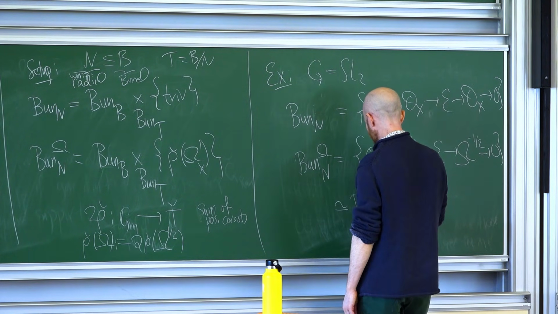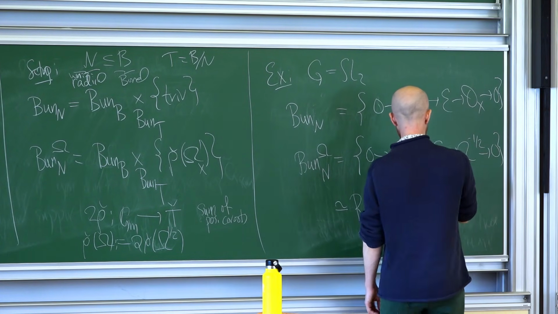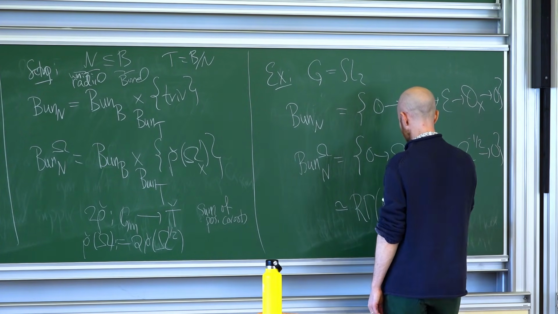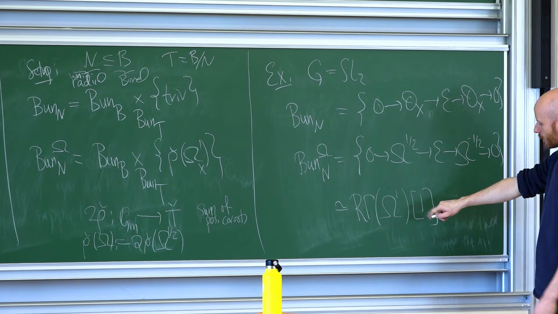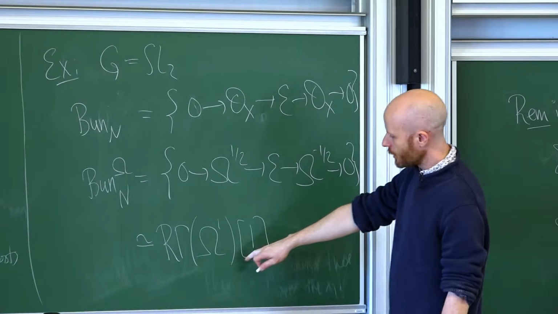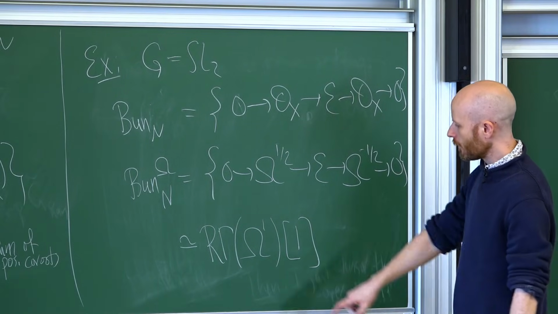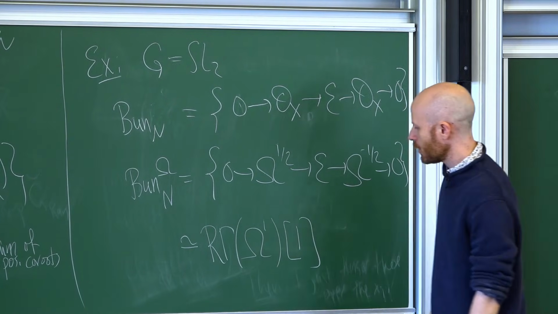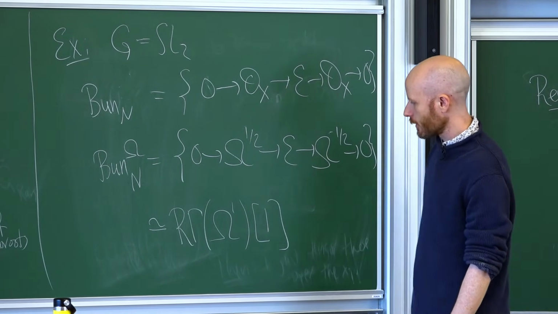And this is sort of isomorphic to, you want to say H1 with coefficients in omega, but I take this complex. So normally if I have a finite dimensional vector space, I can turn it into a scheme in some very simple way. And if you have a complex in degrees -1 and 0, you can think of it as a stack. And so I'm just going to do that, and this is the same stack.